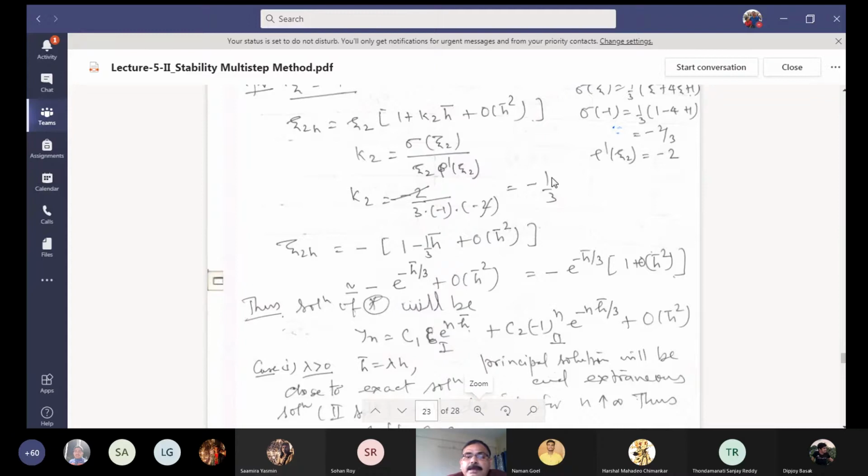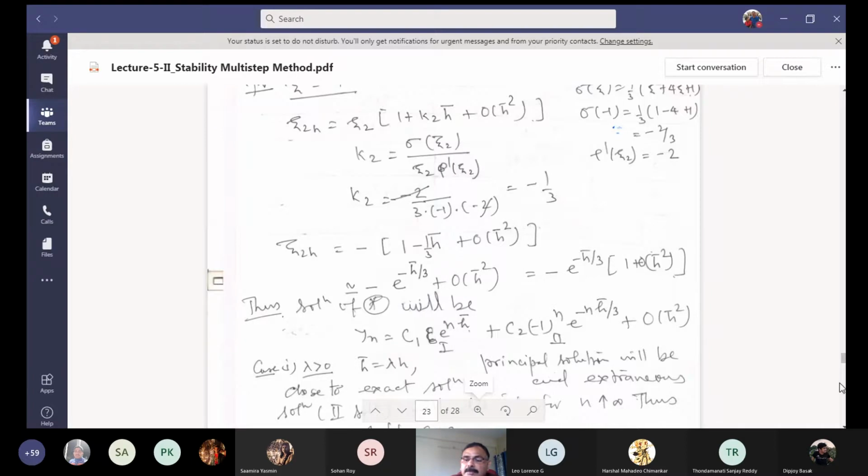So this we can approximate by e to power minus h bar by 3, and minus is outside, so xi 2 h we may write approximately as minus e to power minus h bar by 3 plus capital order h bar square. So we just take this out, e to power minus h bar by 3, and then we can write 1 plus capital order h bar square, the way I have just explained for the previous one.